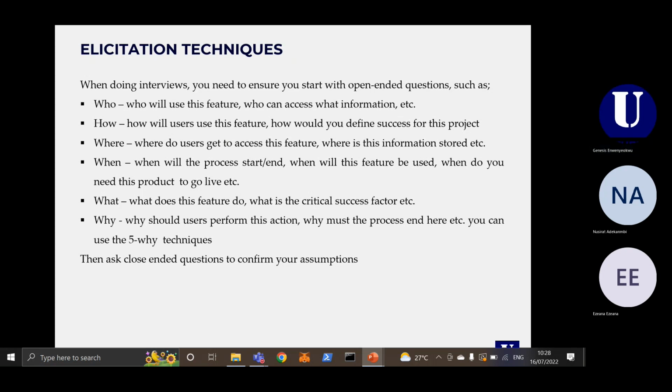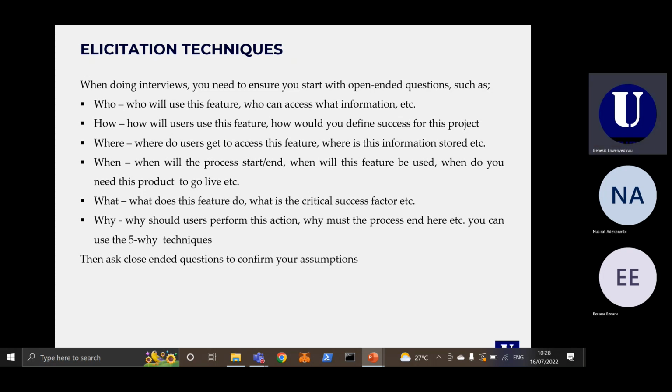Yes or no? And she will answer yes, right? So I'm basically getting verification with my close-ended questions. But I started the interview with an open-ended question of who and then why.